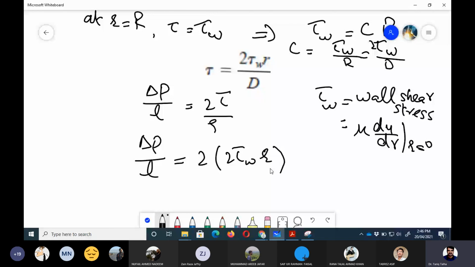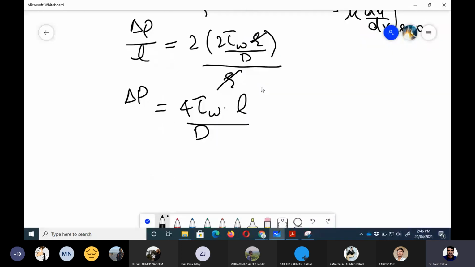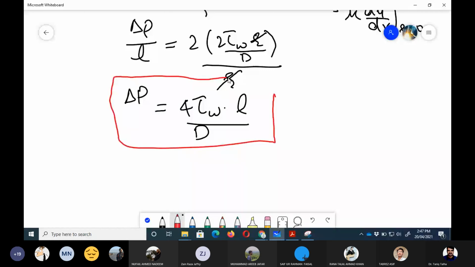And then you can see r would be cancelled out with r, and this 2 into 2 would be 4, and then delta P can be written as 4 tau omega into length divided by diameter. So this is the first relation we have got, that is delta P in terms of tau omega.